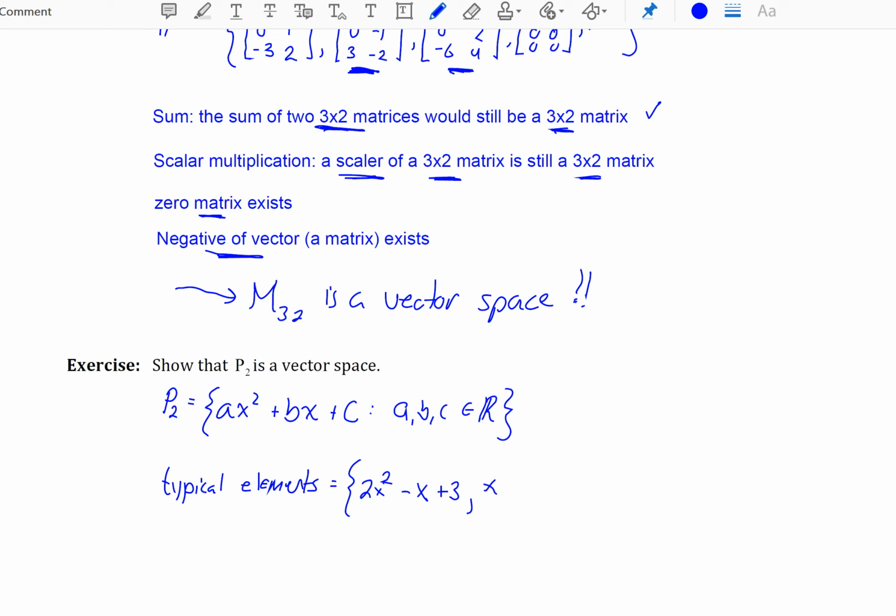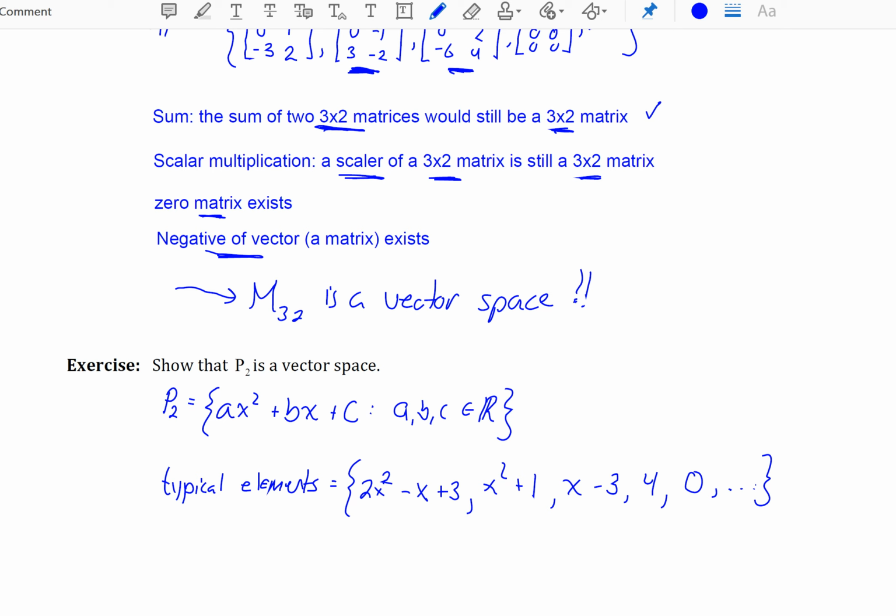So x squared plus 1 could be in there. Or x minus 3 could be in there. 4 is in there. 0 is a polynomial of degree less than or equal to 2. Okay, so there's lots of elements in P2. Not all of them are degree 2. They could be less than or equal to degree 2.